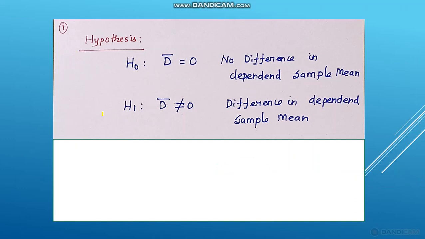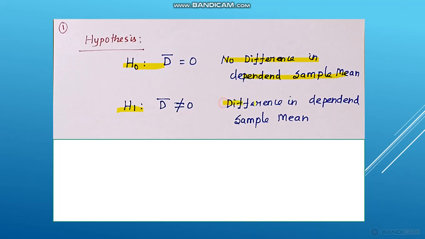The first thing is to formulate the hypothesis. The null hypothesis is D bar is equal to 0, that is there is no difference in the dependent sample mean, and the alternate hypothesis is D bar not equal to 0. D bar means difference.